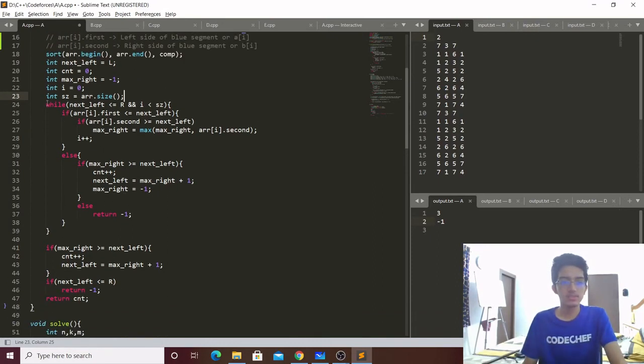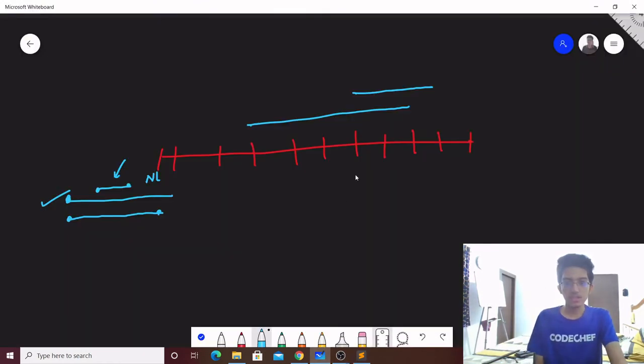Now let's move on to this loop. So while i is less than sz, so that we don't run out of segments, and while next left is less than or equal to right. So what was next left? Next left basically told us that till before next left we have covered all the red segments and we want to cover the red segments after that, that is, starting from the next left.